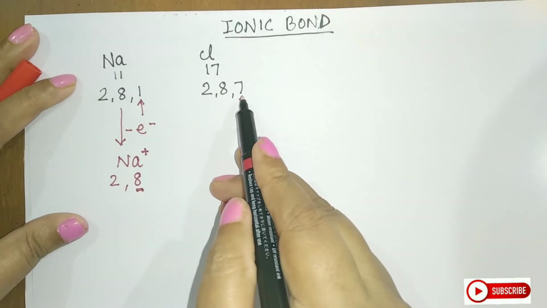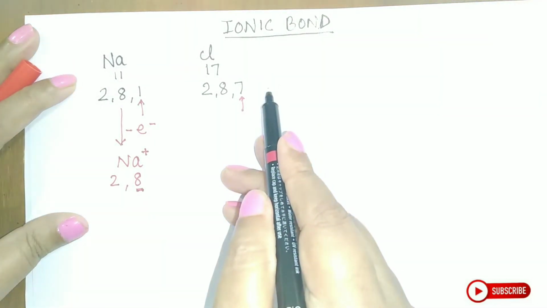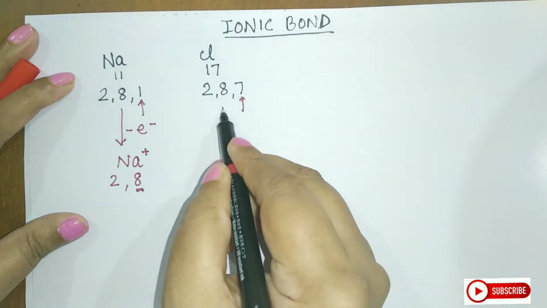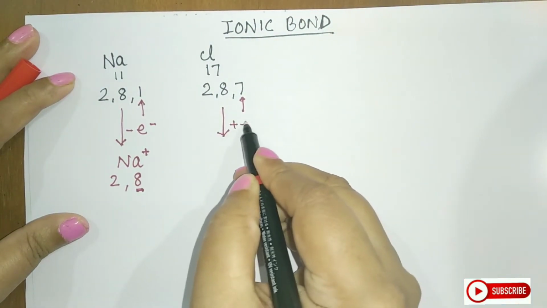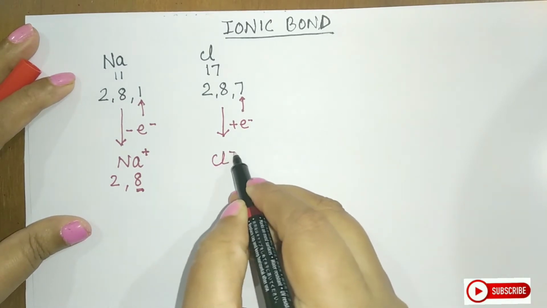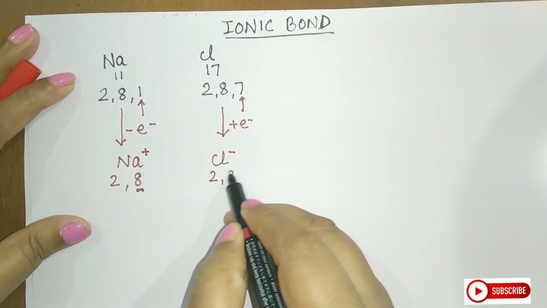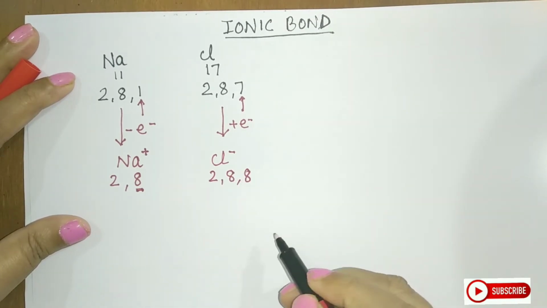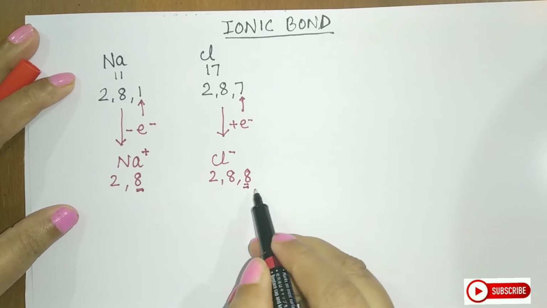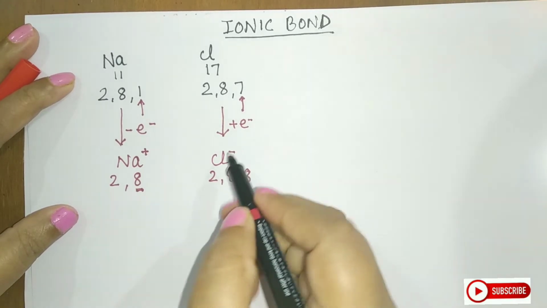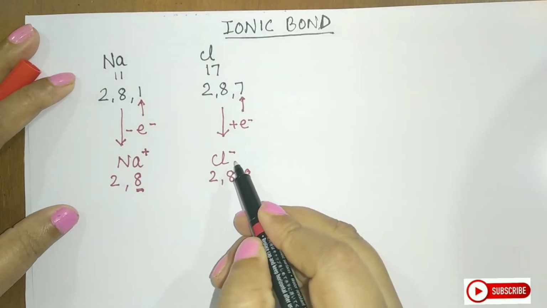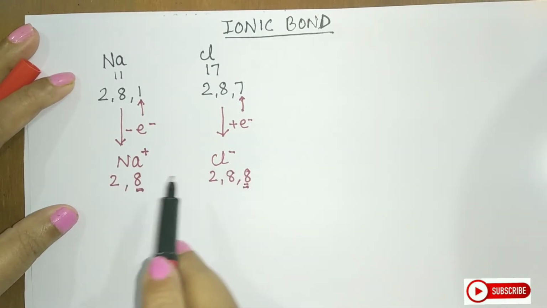Similarly, to donate 7 electrons is difficult as compared to gaining 1 electron, and so chlorine gains 1 electron and it becomes Cl-. Now its electronic configuration is 2, 8 and 8. If you see, it has achieved its stability of 8 electrons. Now this chlorine has acquired a negative charge. Now, who is donating the electron, student?